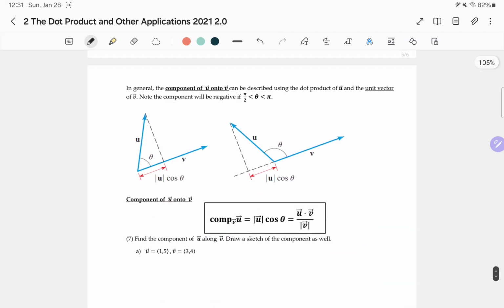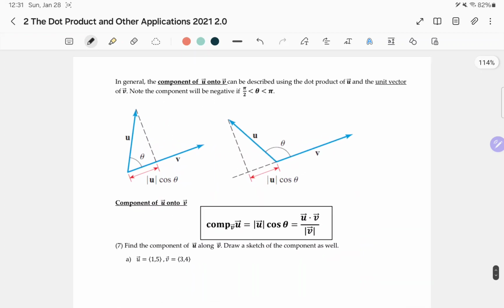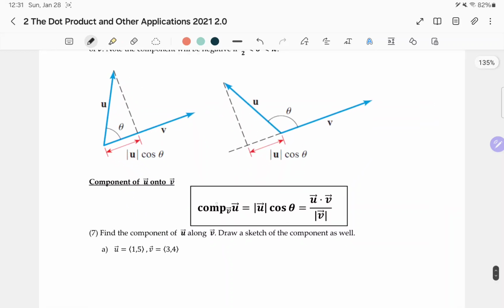There's this last one that is basically just a rewritten version of what I showed above. And the premise is that, in general, the component of u onto v can be described by using the dot product. So this can be found using this formula.